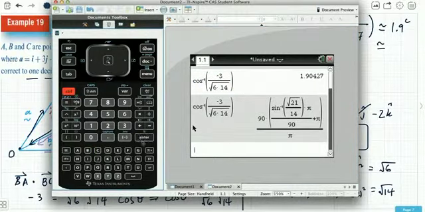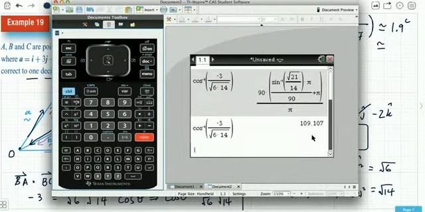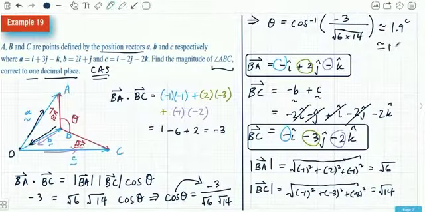And again, I've got mine set to exact, so 109.1. So 109.1 degrees if you want it to be that way. The question doesn't actually state that it wants it in radians or degrees. The more common way of giving angles in vectors is usually to use degrees. So I probably would be using this 109.1 degrees for this question.